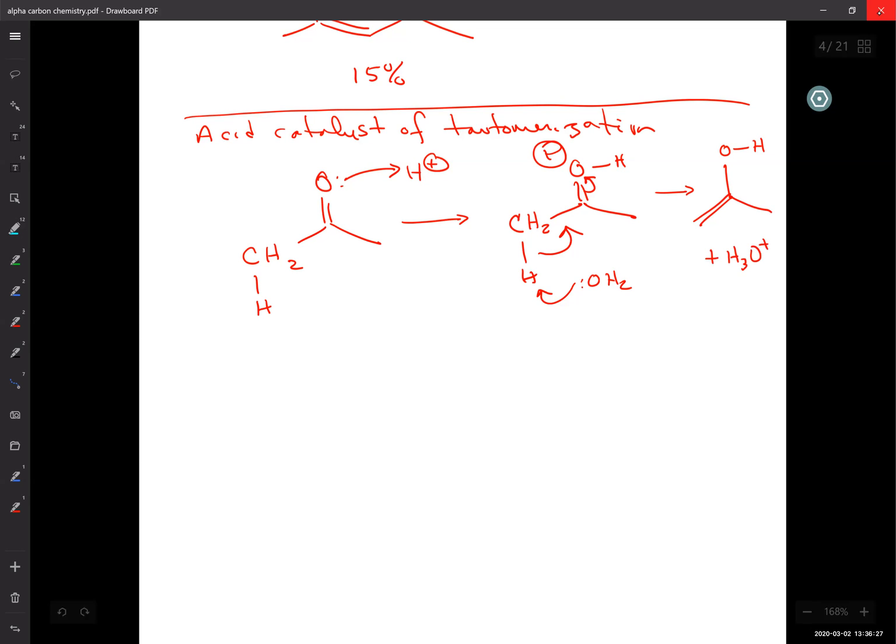And so in water, you would have hydronium, which would go back and act as the source of the hydrogen. One thing about the mechanism that's useful to point out is the same stuff that we did when we did the reactions of carboxylic acid derivatives under acid catalyst. There are no negative charges.